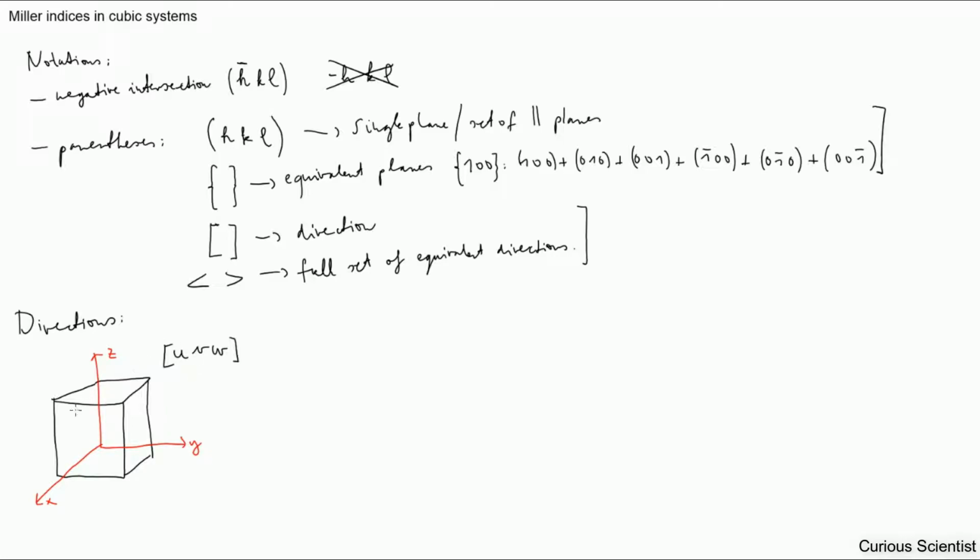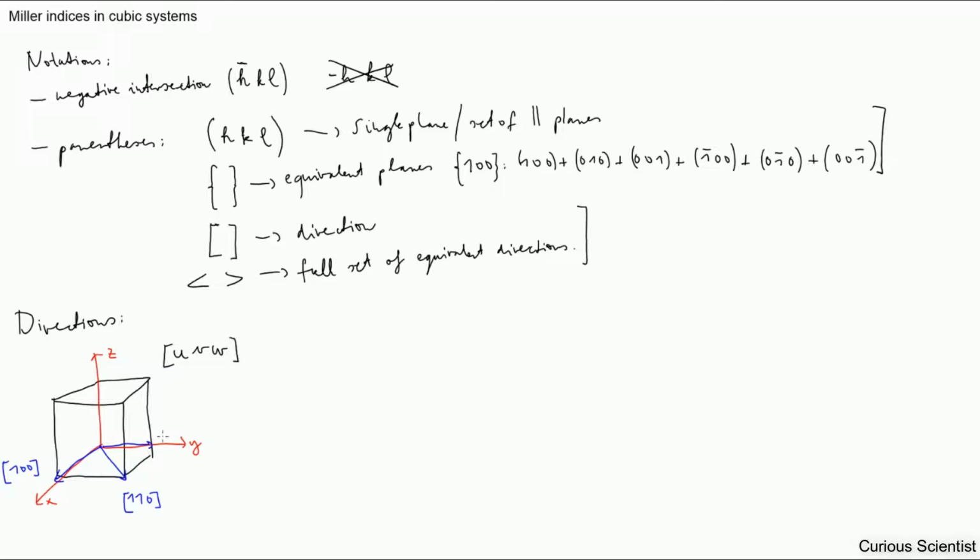And then if we use this cube, let's say this direction is the 1 0 0 direction, and then this direction is 1 1 0 direction. And what else we have?